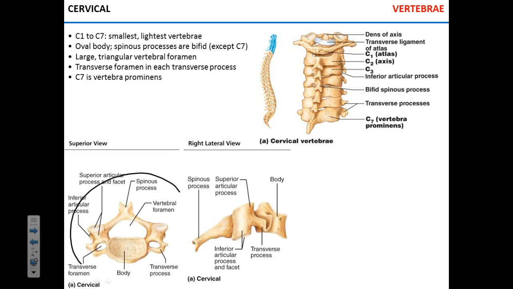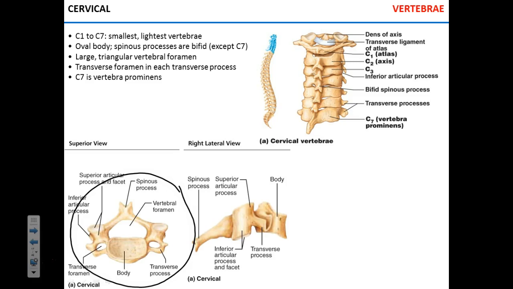So cervical vertebrae, what makes it particular? And speaking of the anatomy exam, not only will you have to recognize the elements of the vertebrae, you will have to answer what kind of vertebrae you see.